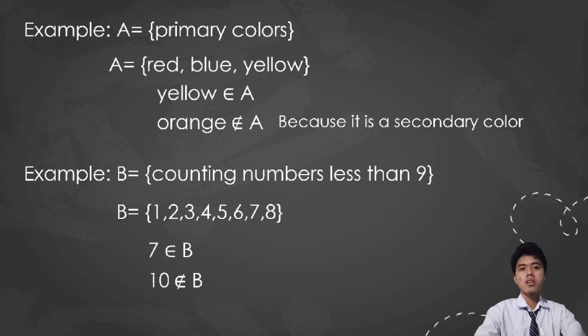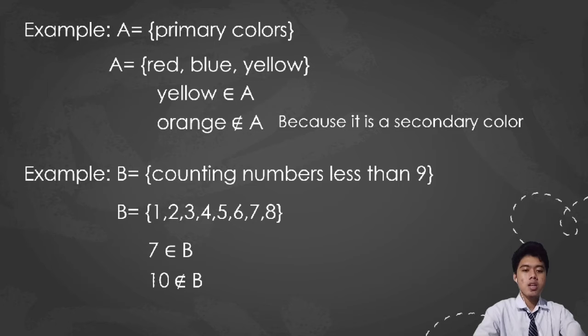So, therefore, yellow is an element of set A. How about orange? What do you think? So, it is not an element of set A because orange is secondary color. Para maging orange, we need to mix red and yellow. So, it is secondary color. Hindi siya primary color. So, it is not element of A.